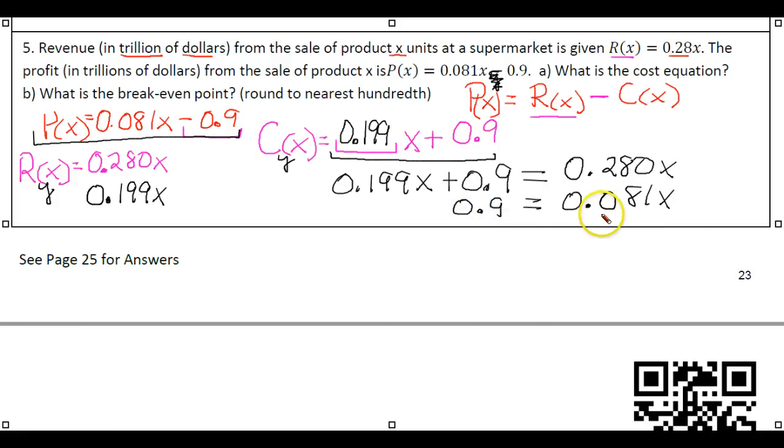Now to solve for x, we're going to divide both sides by 0.081. Put that in your calculator, and I've worked this out already, and x equals 11.11.